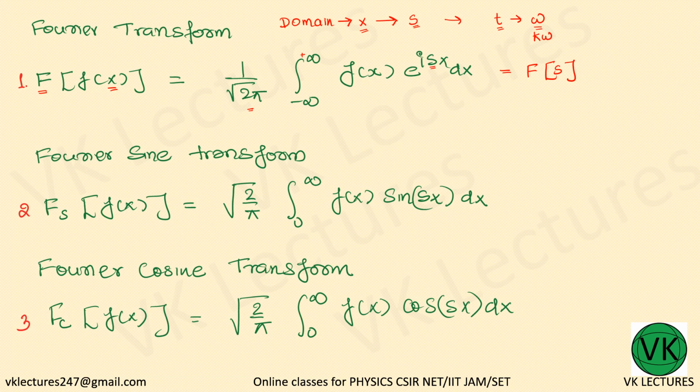Similarly, the Fourier cosine transform, Fc of f of x, equals root of 2 by pi times the integral, again from 0 to infinity, of f of x times cos sx dx. So this is the Fourier sine transform, while Fc of f of x is the Fourier cosine transform.